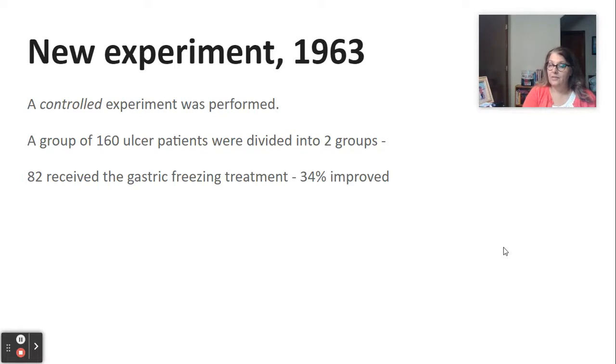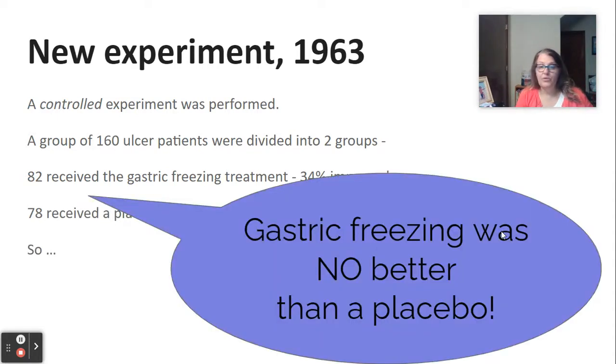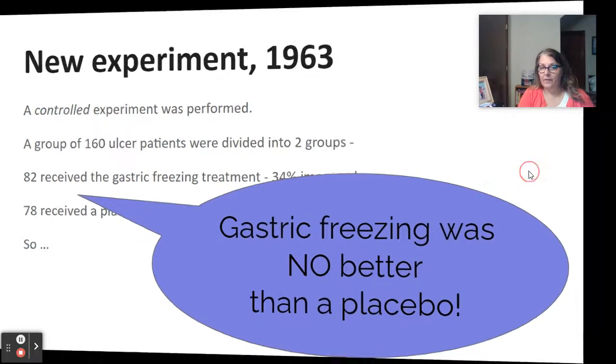We're assuming this is randomly assigned as far as that goes. And 78 received a placebo treatment, and the gastric freezing was basically no better than a placebo. So this starts you to question, okay?